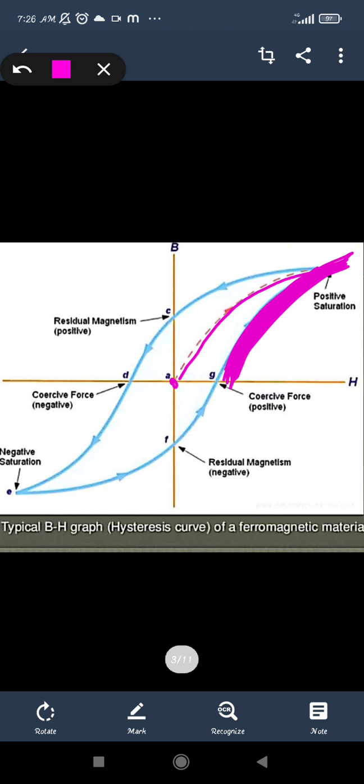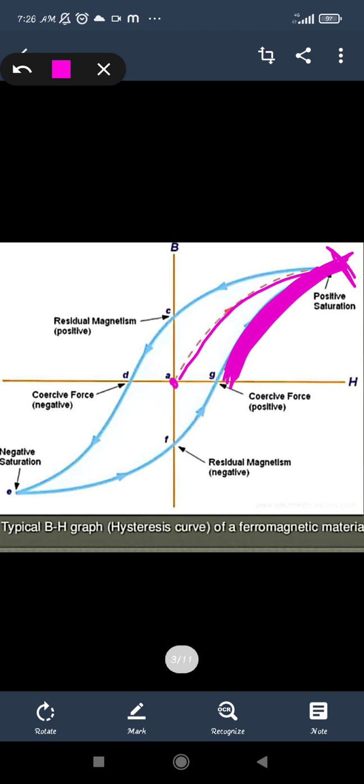After a point it gets saturated, and this is the saturation point, the maximum value, where the magnetization saturates.